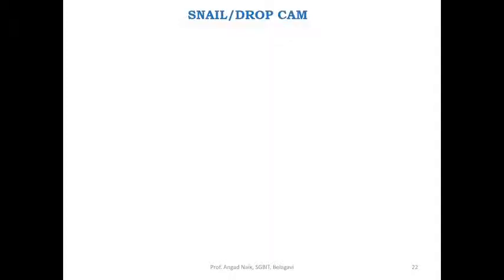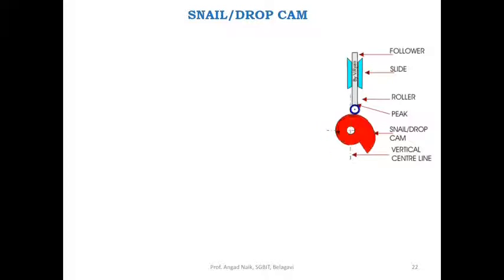The next one is snail or drop cam. We'll see the animation first. The cross-section area of the cam increases gradually and suddenly there is a reduction in the radius.